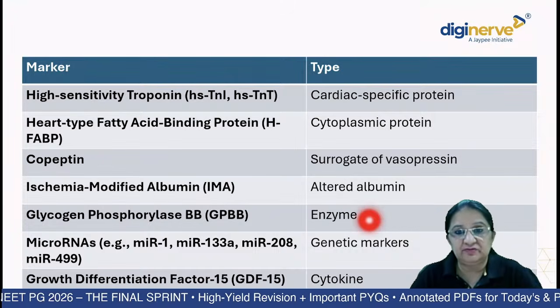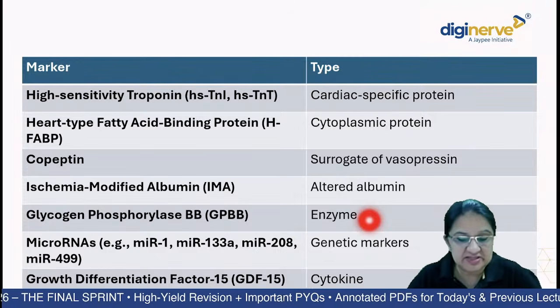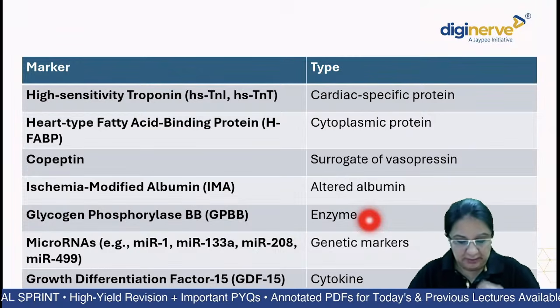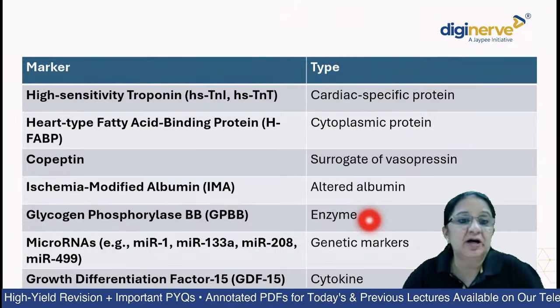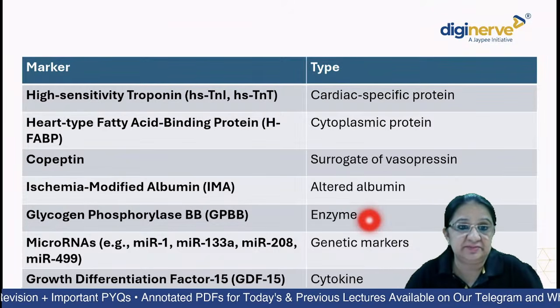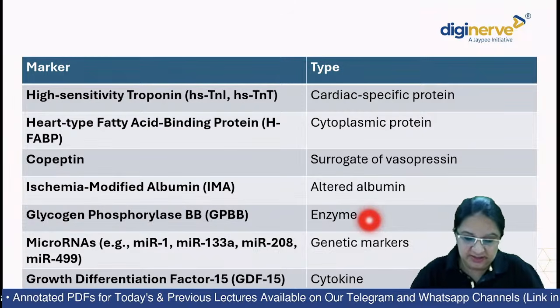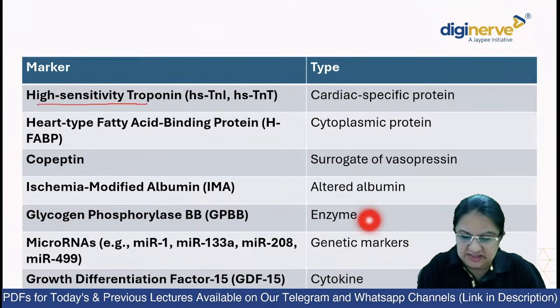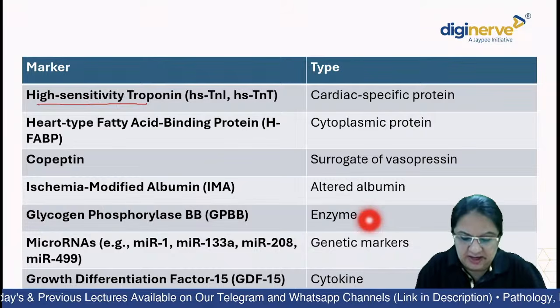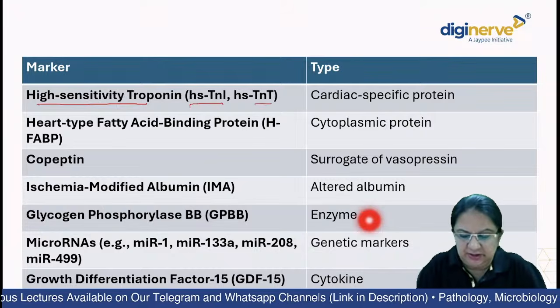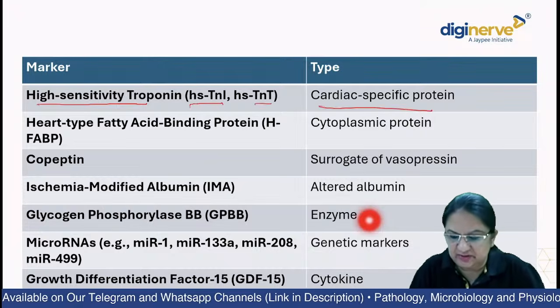I'm telling you a recent update on the high sensitivity markers that can be seen in myocardial infarction, right? First of all, it is your high sensitivity troponin, high sensitivity troponin I or T. It is a cardiac specific marker.